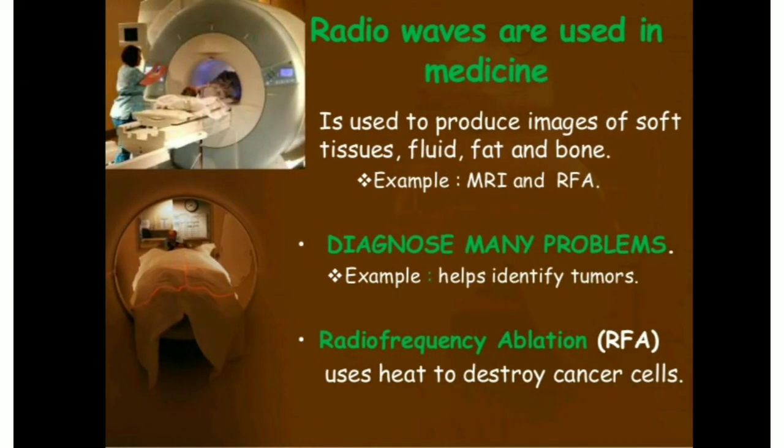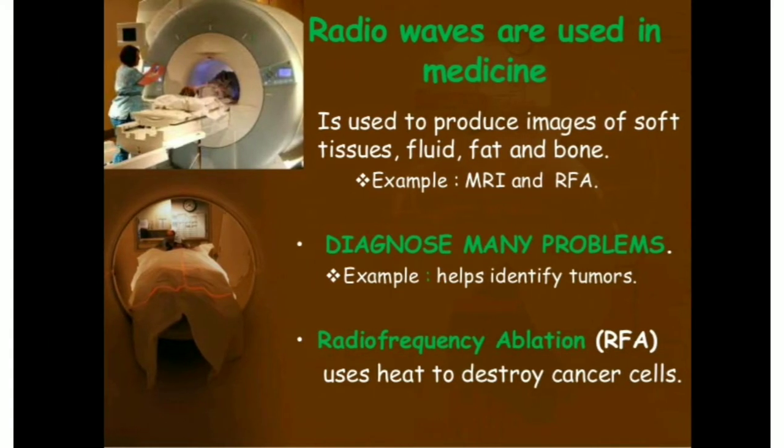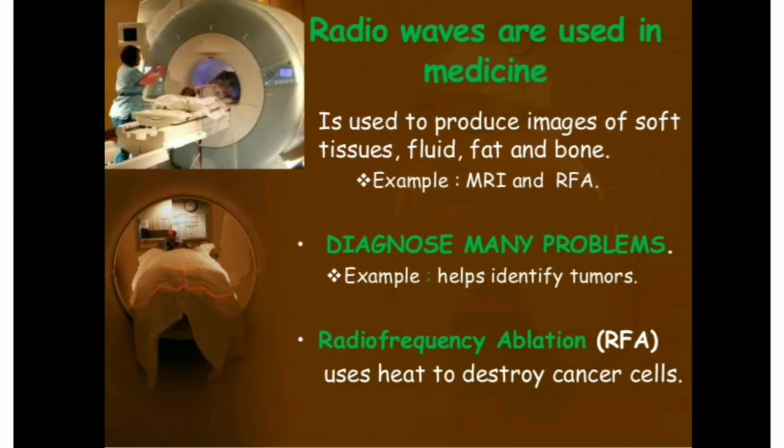Radio waves are used in medicine, in the diagnosis of many problems, and in radio frequency applications also. There are many applications of radio waves. So radio waves are produced with the help of LC oscillation, and possess the longest wavelength and shortest frequency, ranging from 15 centimeter to 2000 meter. So this is about radio waves.